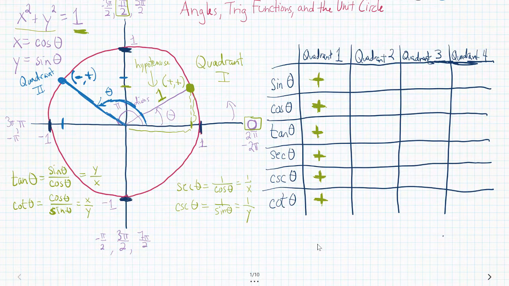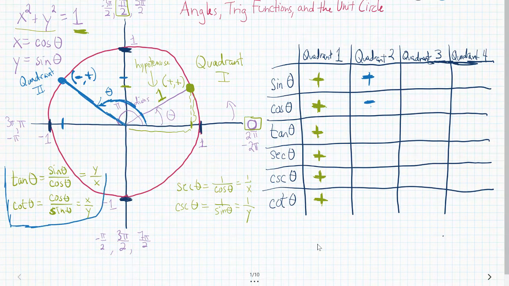So what does that mean? Well, sine of theta is just the y value, so that's got to be a positive. Right? So cosine theta is the x value, so that's going to be a negative. Now from here on out, it's pretty easy as long as you use your little properties.